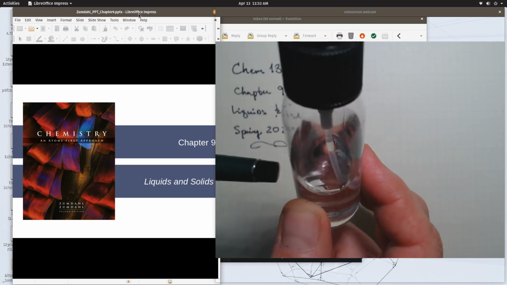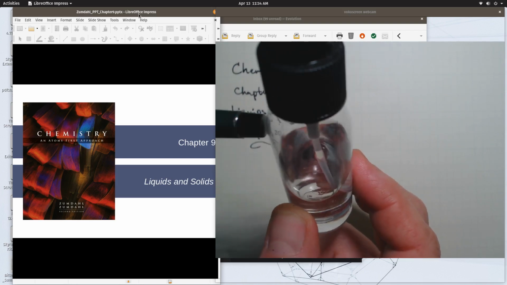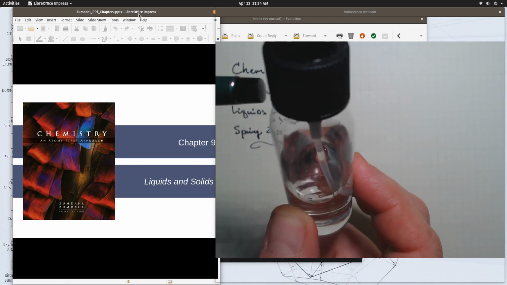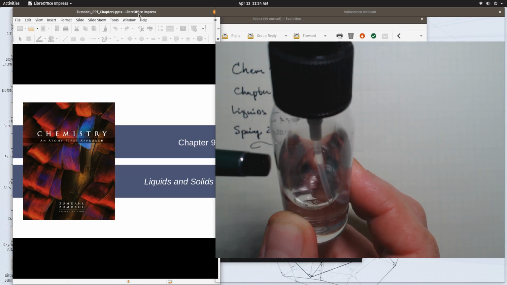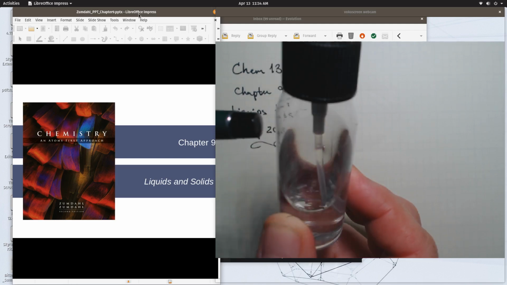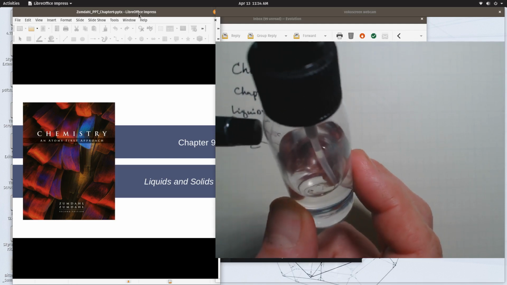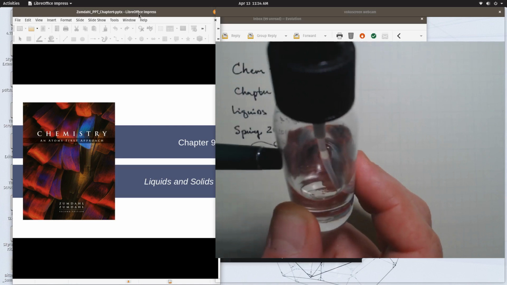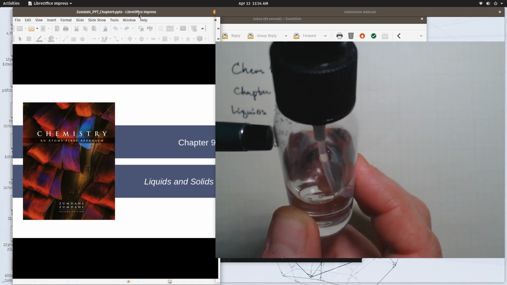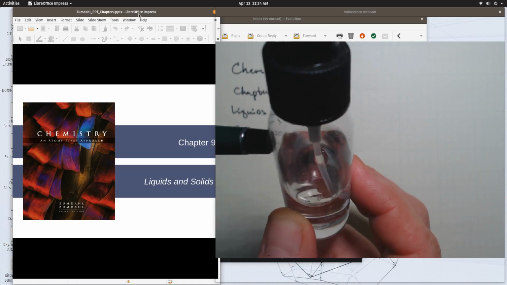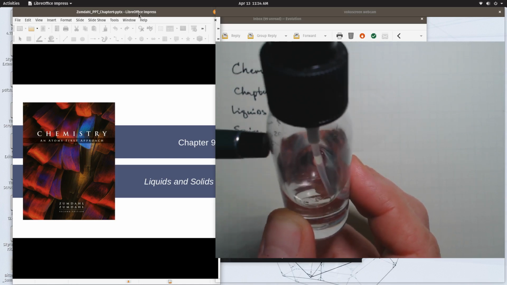And we'll talk about what changes the vapor pressure and the boiling point of a liquid. I don't think we'll talk about how one can calculate the vapor pressure of the gas above a liquid. I believe that's something we do in physical chemistry, because we need to use the Clausius-Clapeyron equation to do that, which I don't believe we'll talk about in this term.